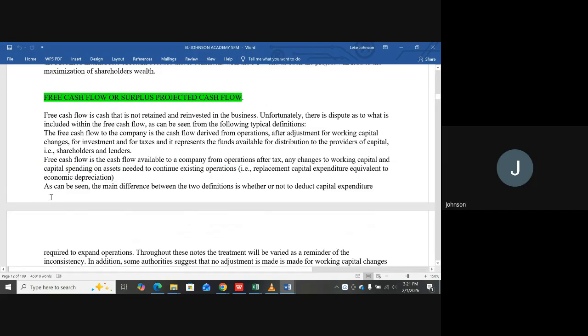As I said before, free cash flows can be to the equity holders. It can also be to the total company. When it's to the total company, it means that both the equity holders and the debt holders have access to it. So how do we get our free cash flows?